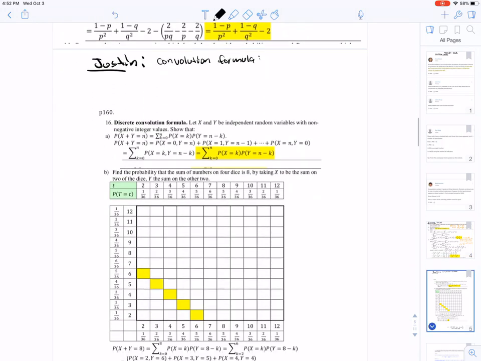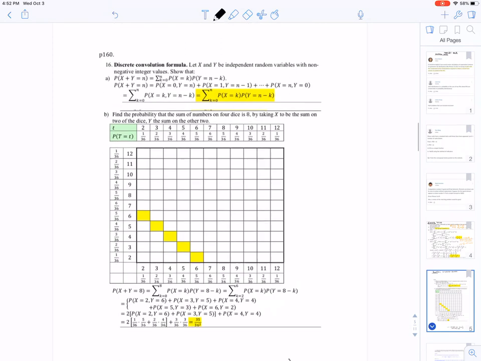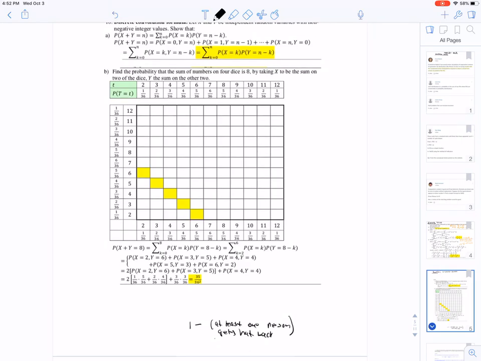On to Justin's convolution formula problem. We first just verified the convolution formula. That's very straightforward. And then we looked at an example where we find the probability that the sum of numbers on 4 dice is 8 by taking X to be the sum of 2 of the dice and Y the sum of the other 2.